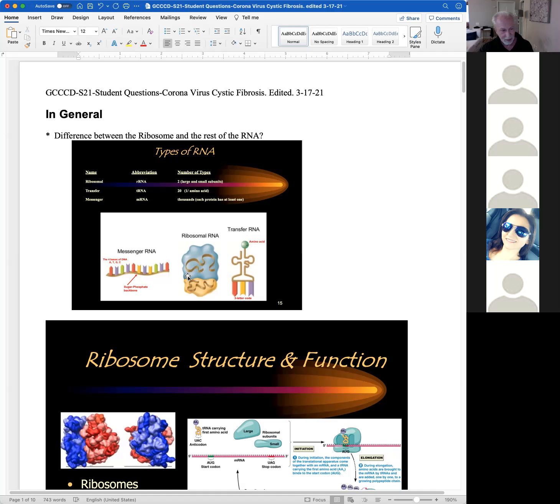Well, the ribosome is like a little machine. It has two parts, the large subunit and the small one. And they combine to make proteins based on the message in the mRNA and the tRNA, which brings the amino acids.